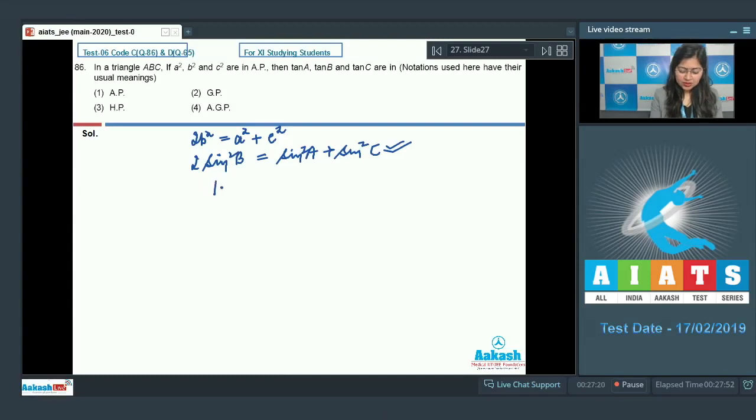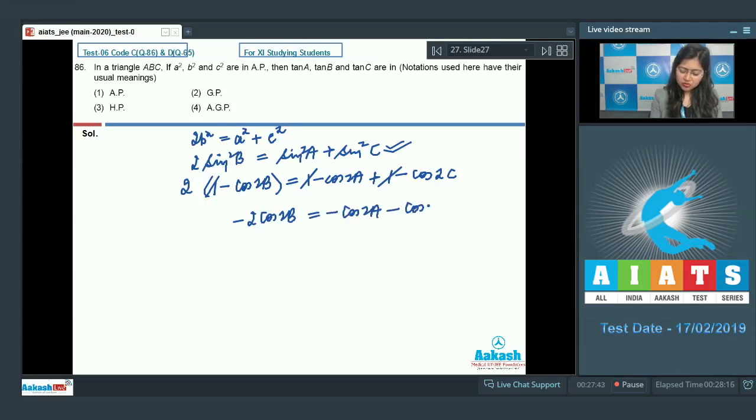That is, it can be written as 1 minus cos 2b is equal to (1 minus cos 2a) upon 2, that can be transferred here, plus 1 minus cos 2c, that is, 2 can be cancelled from both sides. So we are left with minus 2 into cos 2b is equal to minus cos 2a minus cos 2c. That is, cos 2c minus cos 2b is equal to cos 2b minus cos 2a.